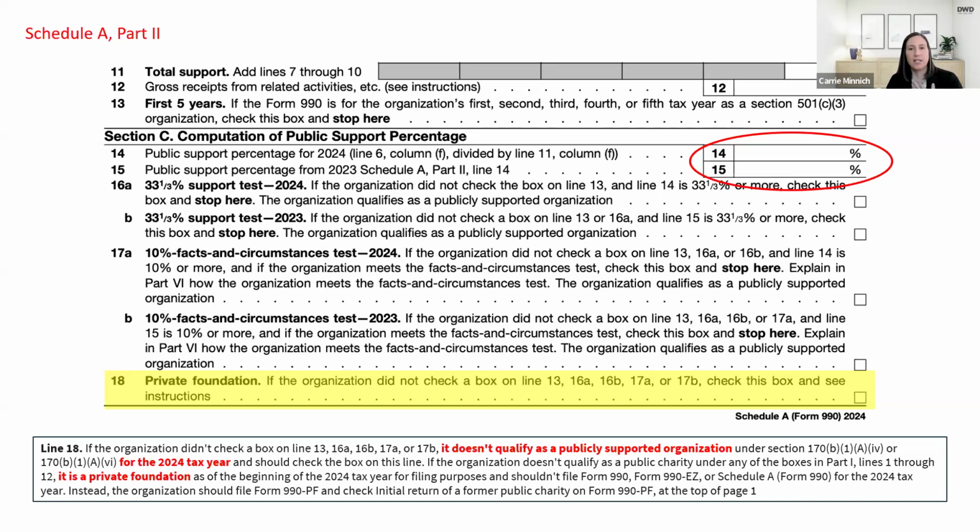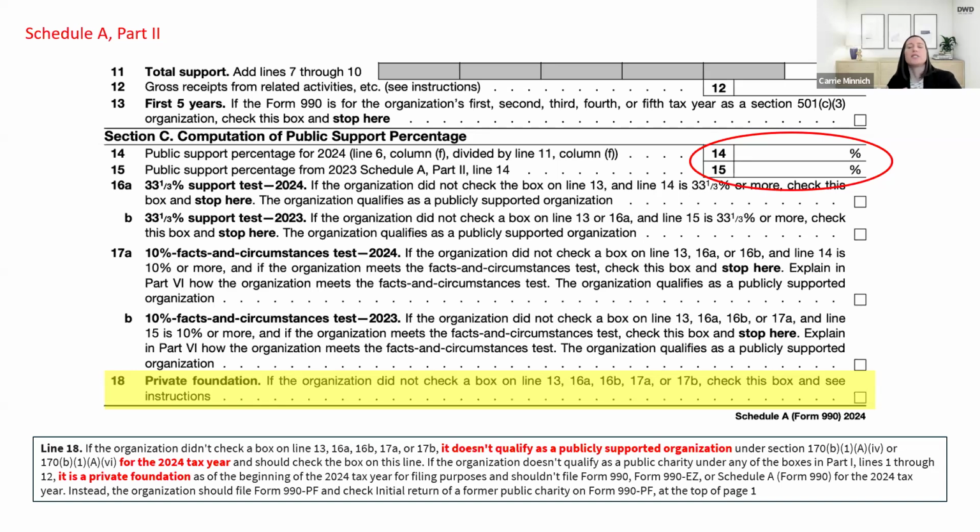So as you can see, there's some additional questions though afterwards. I'm going to talk about the actual calculation that's done in a minute, but you do this calculation and come down to this percentage. If for some reason you don't meet this percentage, let's say the percentage is less than 33 1/3%, part 2 does give you an opportunity to answer a facts and circumstances test.